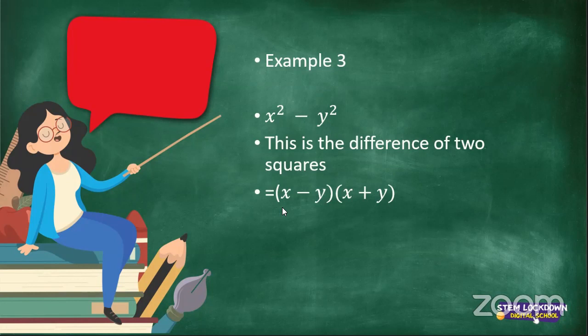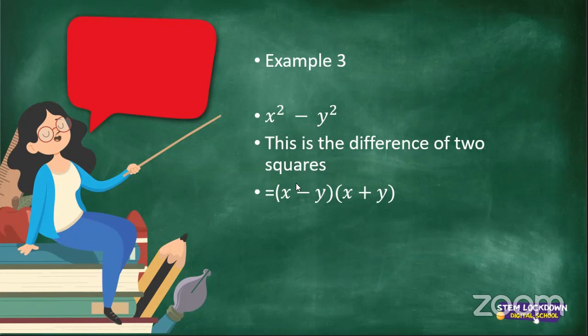So you open two pairs of brackets, and then you put x in the first bracket, and you also put x in the second bracket. Then you put y in each. Why? Because that's the difference of two squares.